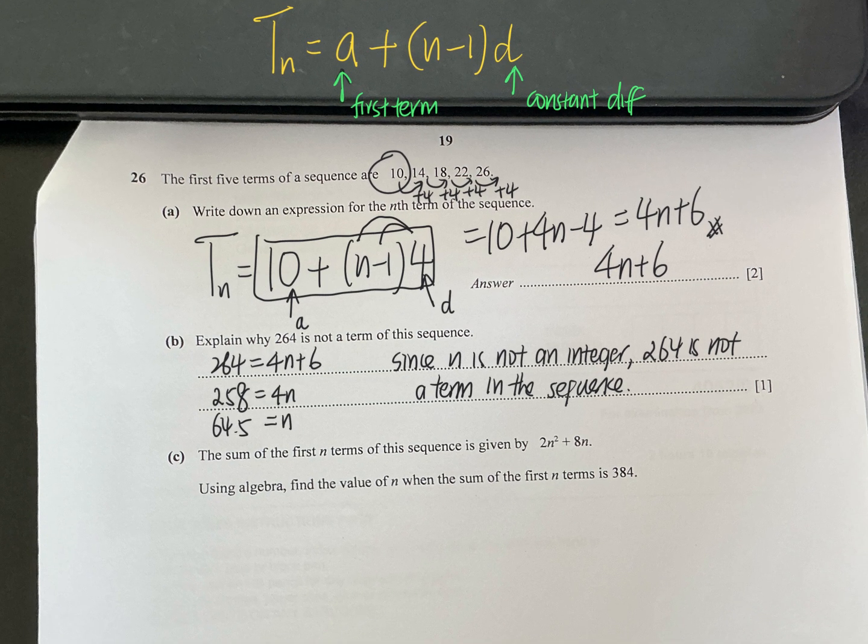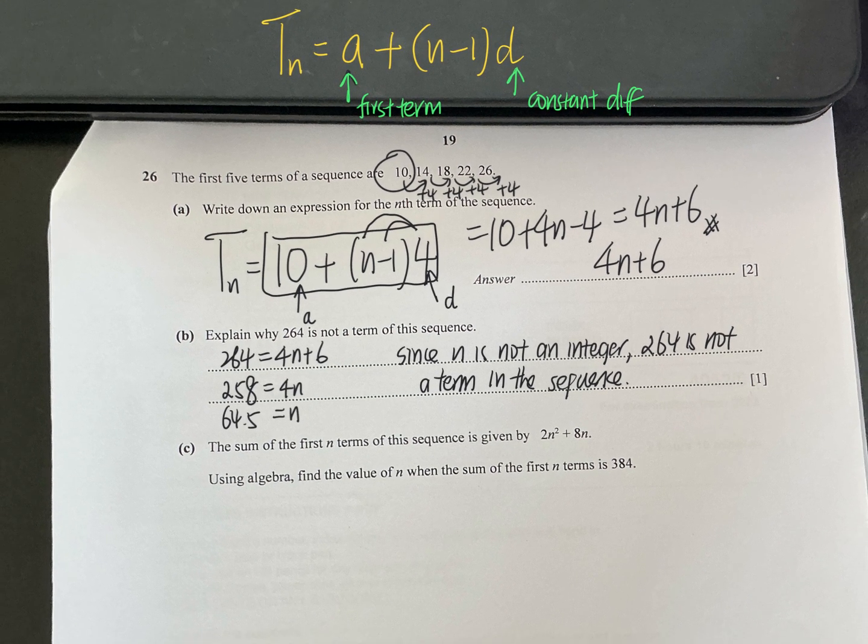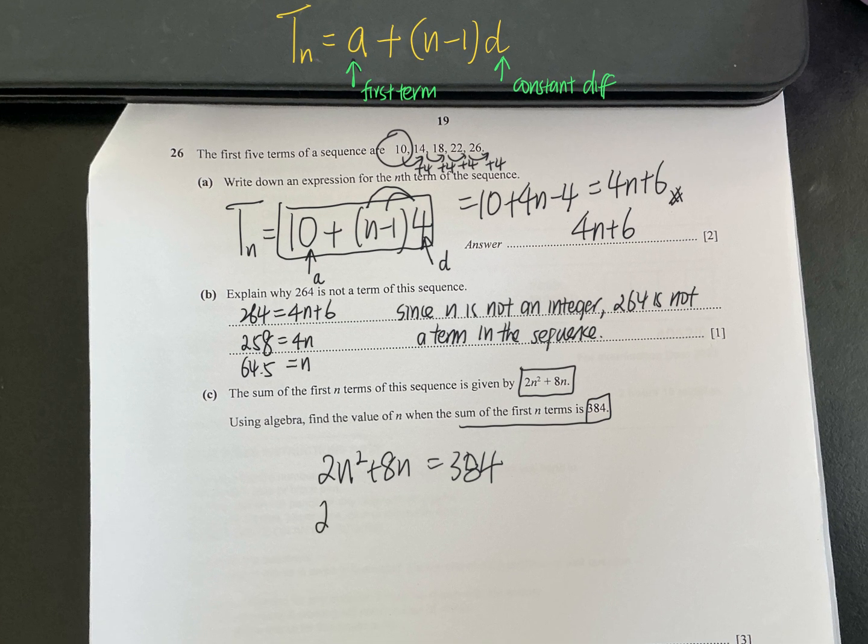Okay, and then the last one, it says if I add up all the first n terms, this is the formula given by Reid. So they say using algebra, if the sum of the first n terms is 384, that means this thing here is 384. Can you solve for n? This is just a quadratic equation.